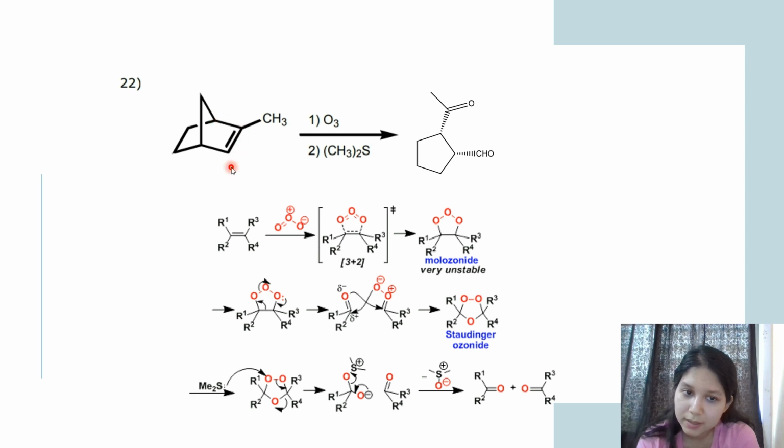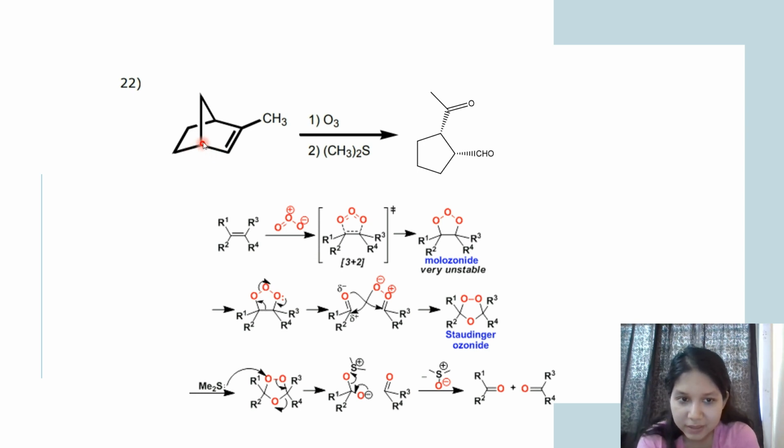See, here and here you are getting carbonyl compounds, okay? But in the original ring, whatever you had, both these substituents in the cyclopentane ring are on the same side, okay? So after breaking the carbon-carbon double bond, you have to place both the substituents containing carbonyl groups in the same side, okay?